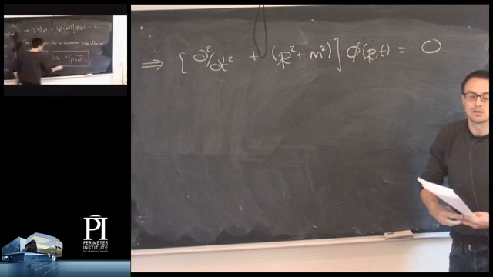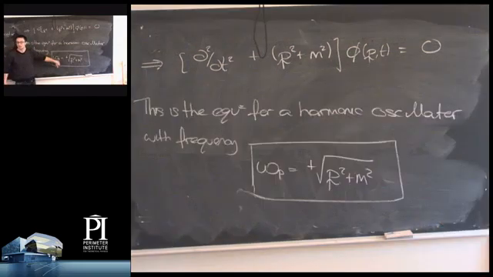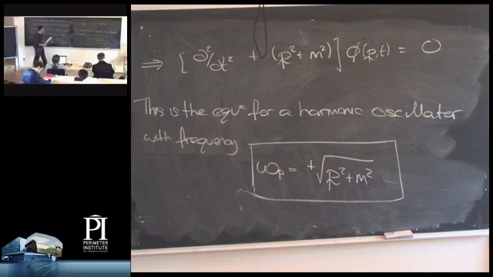This is going to arise over and over again in the next couple of lectures, so we're going to give it a name. We're going to call it omega subscript p. Okay, so what's the solution to the classical Klein-Gordon equation?